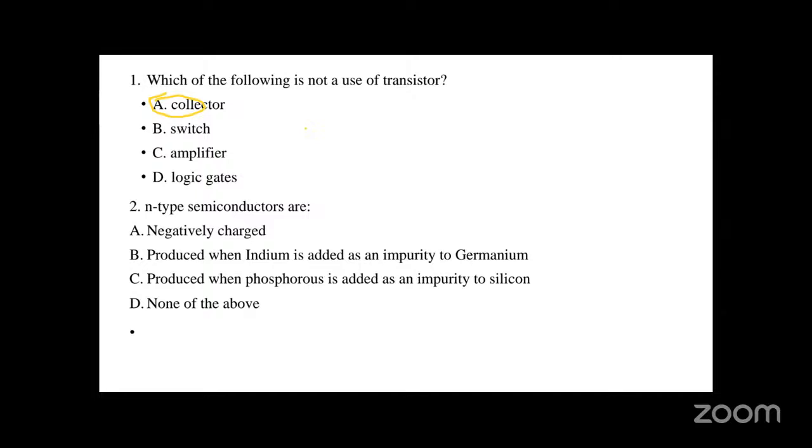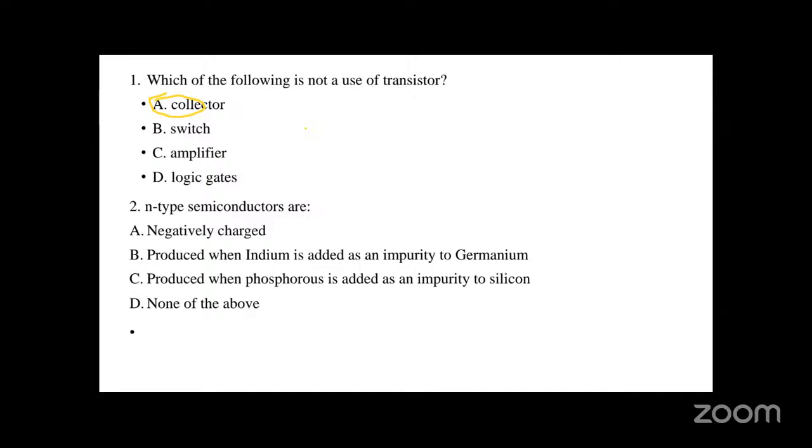B, indium is group 3. A group 3 element or impurity added to a germanium semiconductor material will rather create a hole, because semiconductor materials have 4 electrons in their outermost shell.